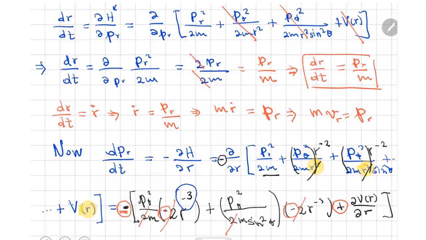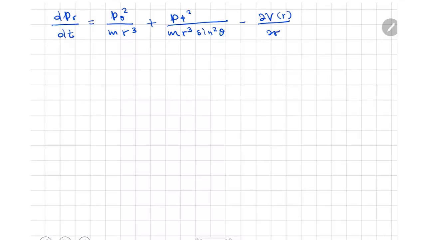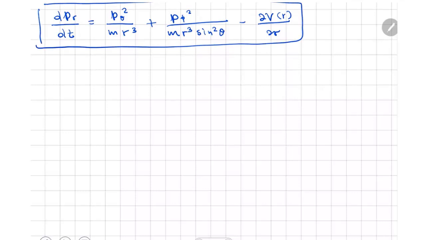I'm going to do the same as in the last step: take them back to the bottom, so the power is positive in this case. p_theta squared divided by m r cubed, plus p_phi squared divided by m r cubed sine squared of theta, minus the derivative of V(r) with respect to r. And this is the second equation.